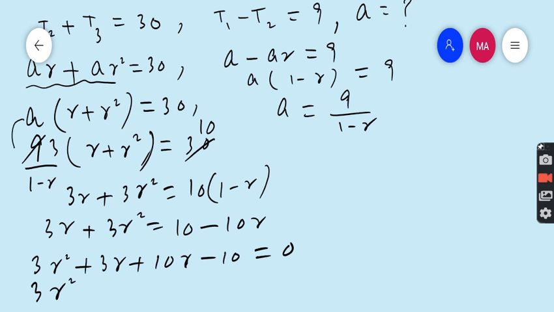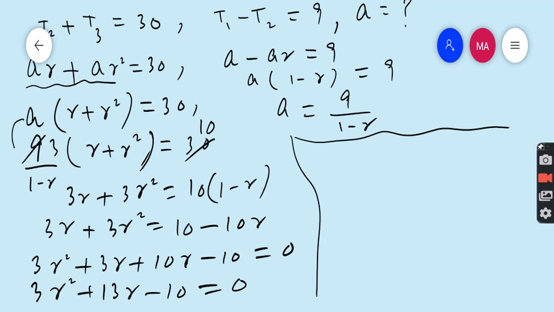So 3r square plus 13r minus 10 is equal to 0. This is a quadratic equation and I will solve this quadratic equation by using the middle term break method. If you don't like the middle term break method, no problem, go for the quadratic formula. So 10 threes are 30, 15 twos are 30, 15 minus 2 is 13.